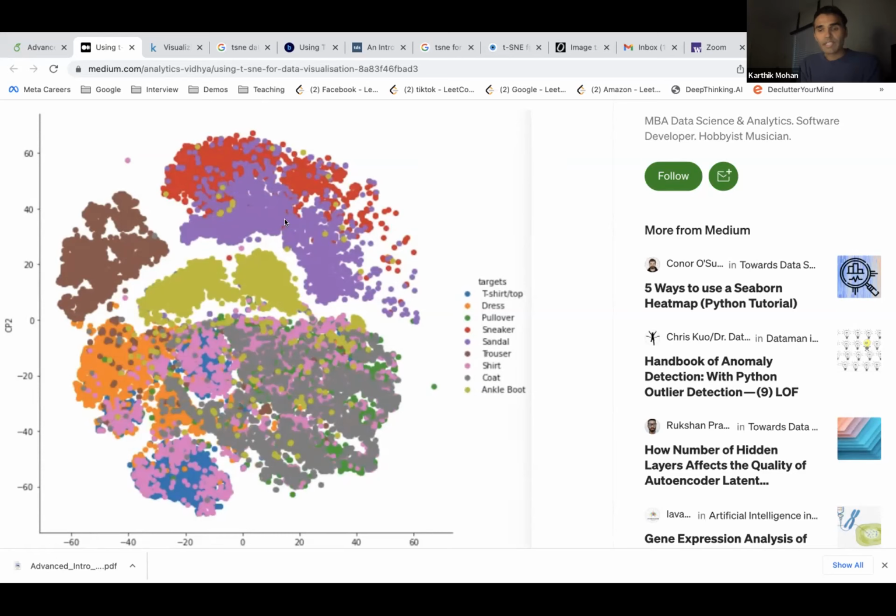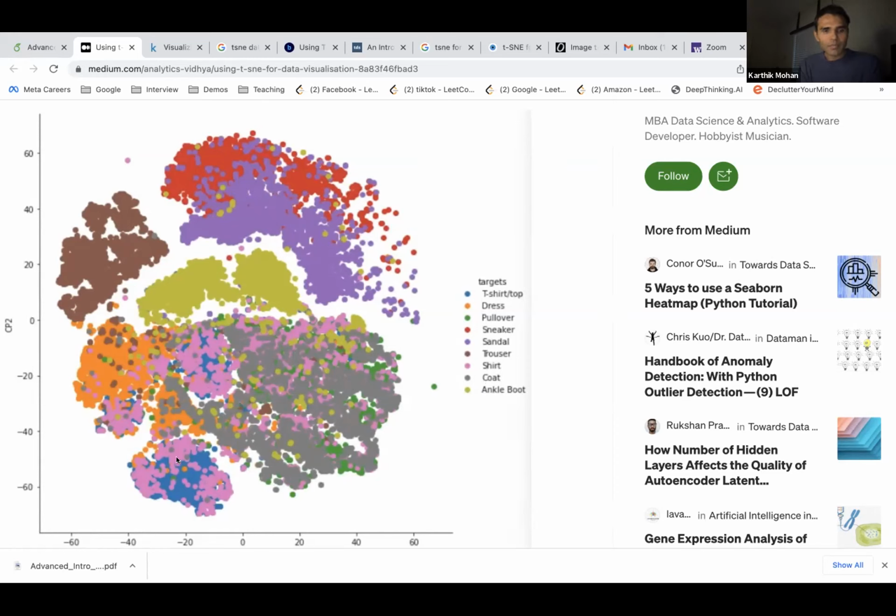Maybe there are some sandals that look like sneakers. So those might be overlapping, right? But where you also see a lot of overlap is coat, the gray one here. The coat overlaps with shirt. It overlaps with pullover. It overlaps with ankle boot. I don't know why it's overlapping with ankle boot, but yeah, so this is a little bit of overlap.